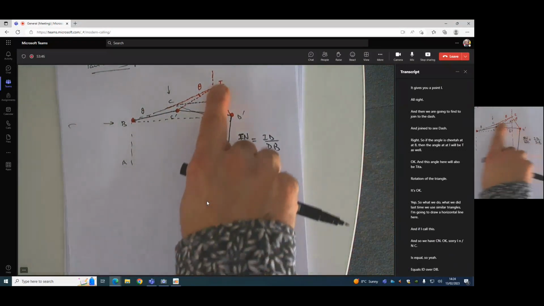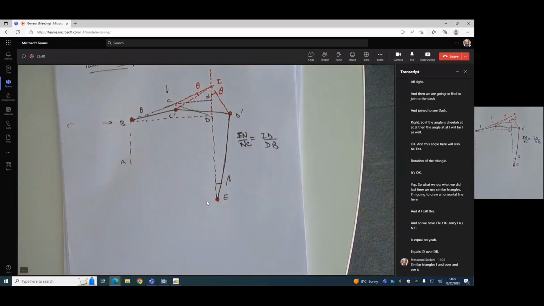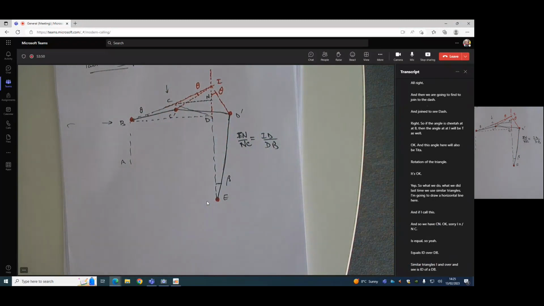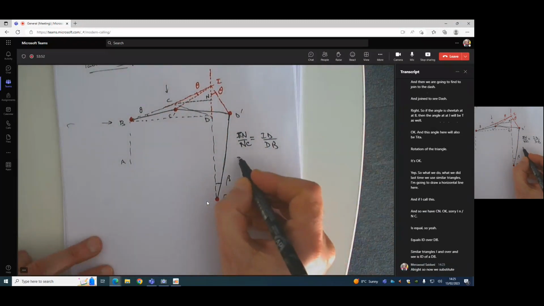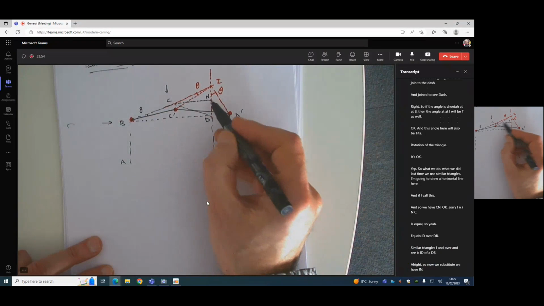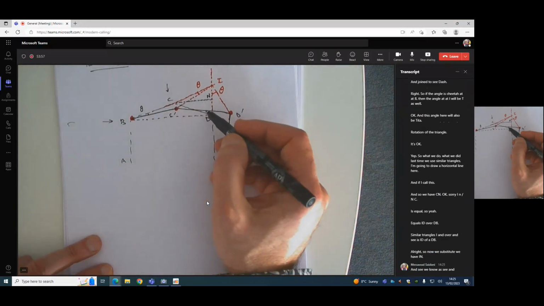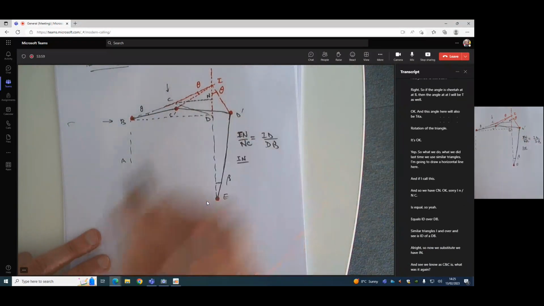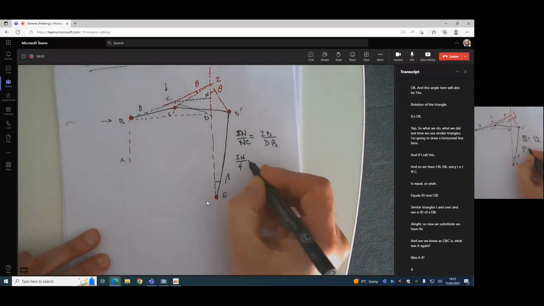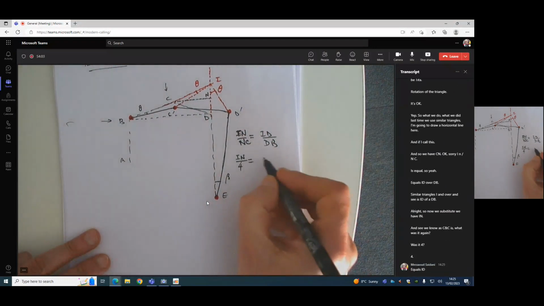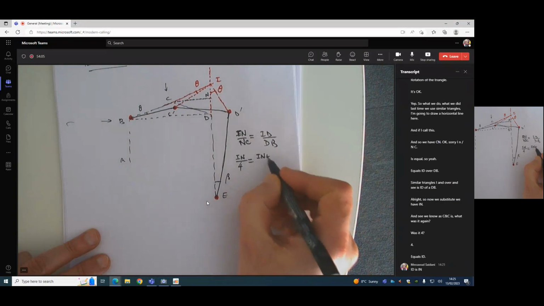Similar triangles. All right. So now we substitute. We know NC. NC is, what was it again? Was it 4? 4 equals ID over... ID is IN plus ND.